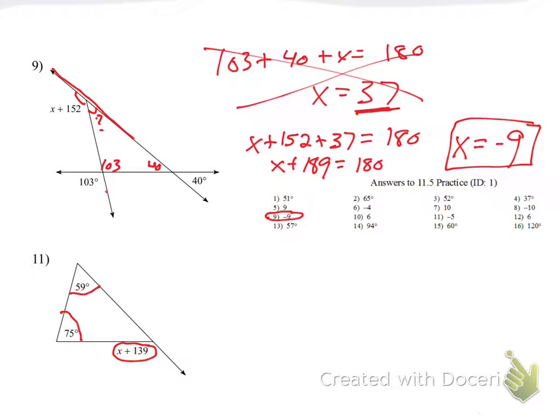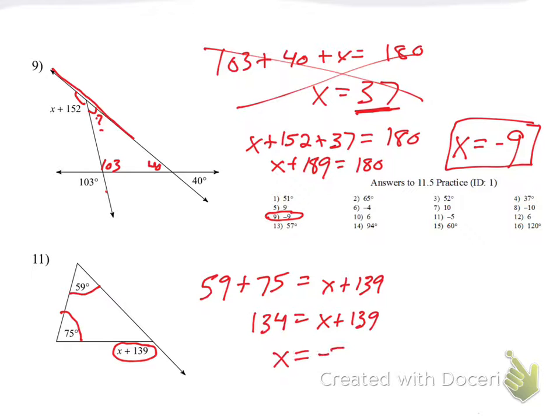So 59 plus 75 is equal to x plus 139. 59 plus 75 is equal to 134, which equals x plus 139. I'll just minus 139 on each side. So 134 minus 139, x is going to equal negative 5. And that will be number 11 right there.